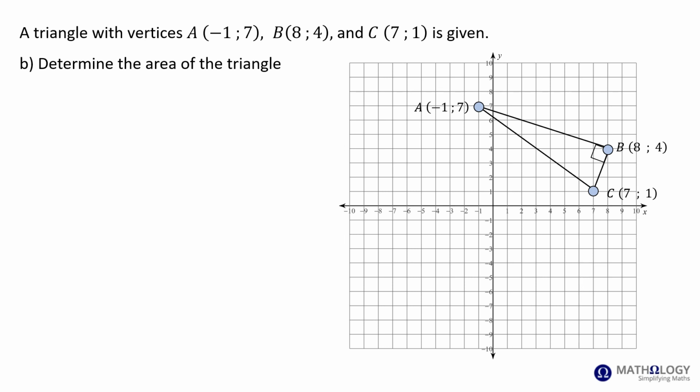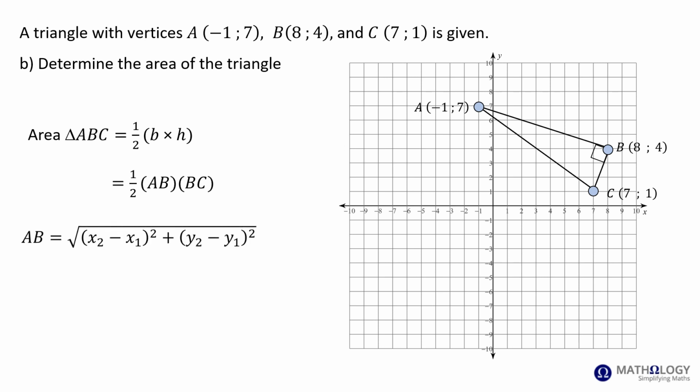The area of a right-angled triangle equals a half the base times the perpendicular height. The area of triangle ABC therefore equals a half AB times BC. Before we can determine the area of the triangle, we first need to calculate the length of AB and BC, using the distance formula. The length of AB is, in simplest surd form, 3√10.